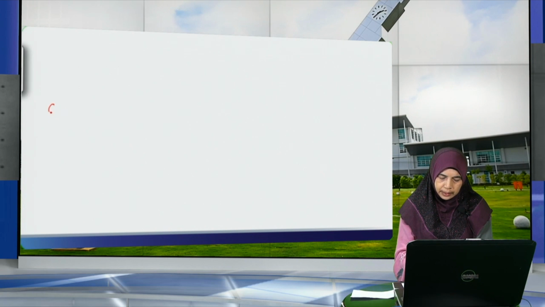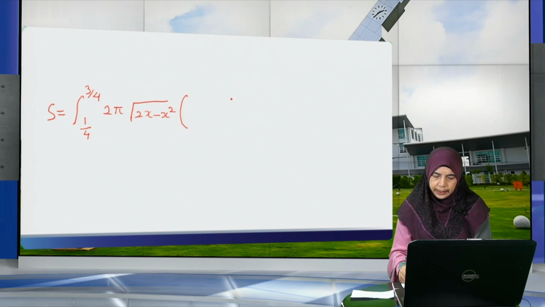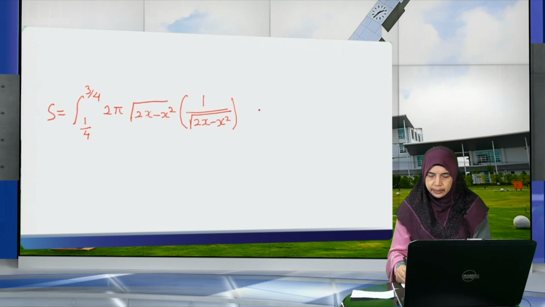S now will be equivalent to integration from 1 over 4 to 3 over 4. We have 2 pi just now, and then our y is square root of 2x minus x squared, and then we multiply by the s just now, which is 1 over square root of 2x minus x squared, and we integrate that with respect to x.